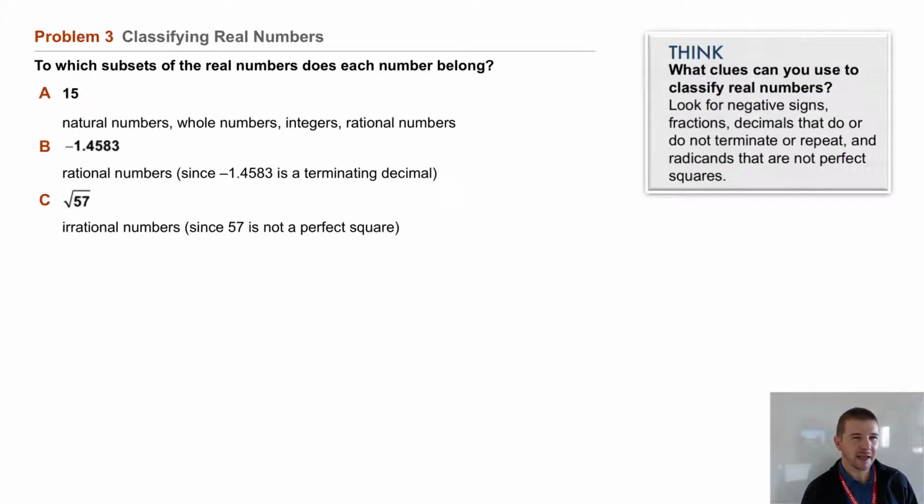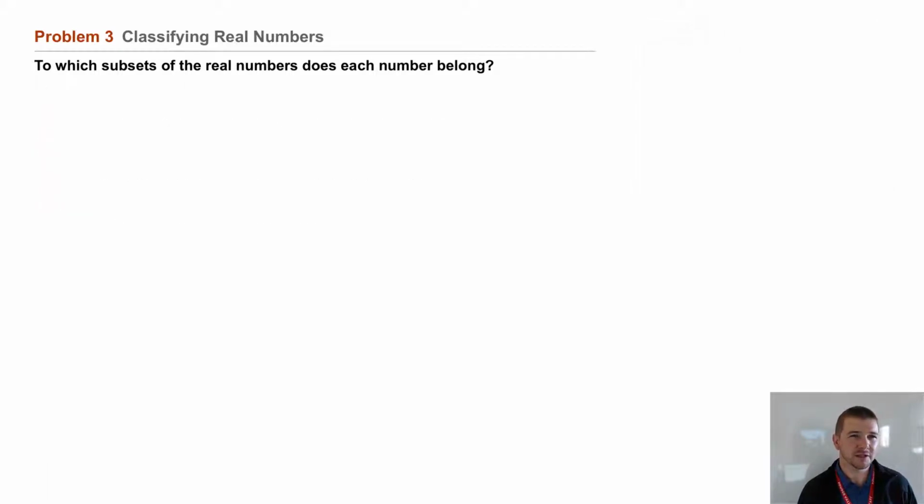Problem 3, classifying real numbers. To which subsets of the real numbers does each number belong? Part A, 15. We'll start with the smallest set, the natural numbers, and we'll check. Is it a natural number? Well, if you remember, the natural numbers are 1, 2, 3, 4, and so on. And yes, it's a natural number.